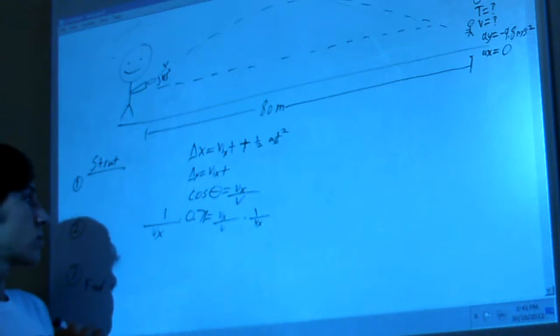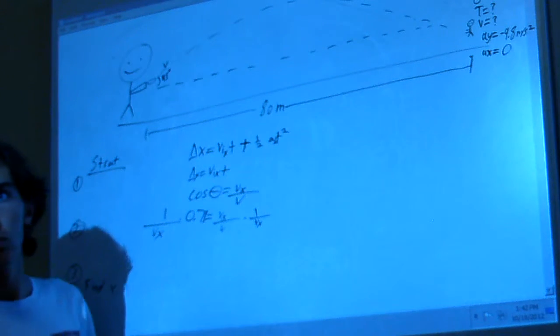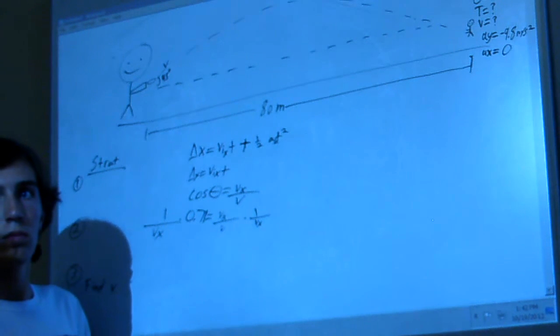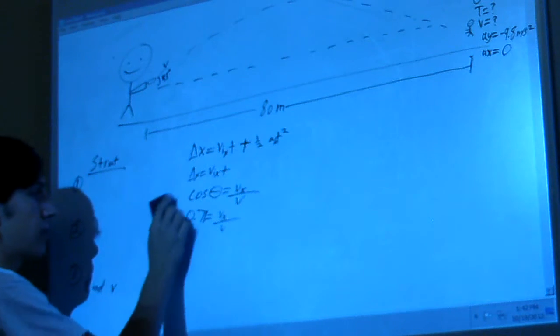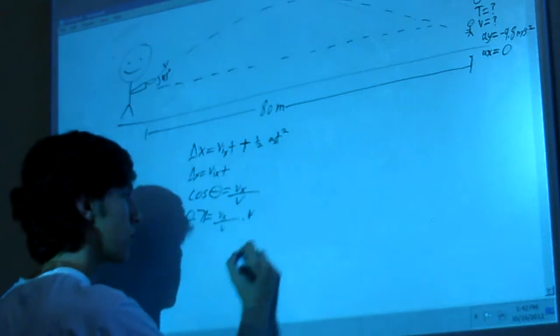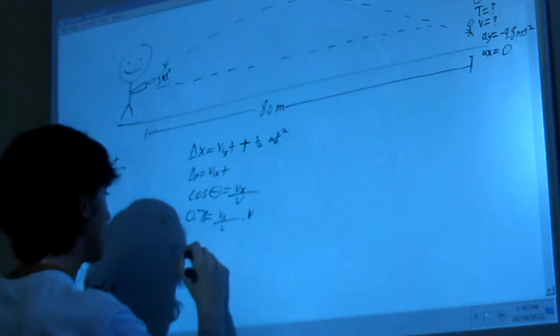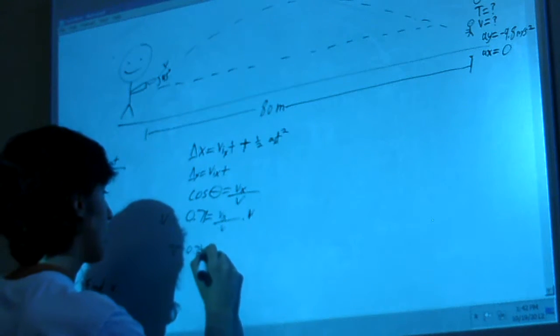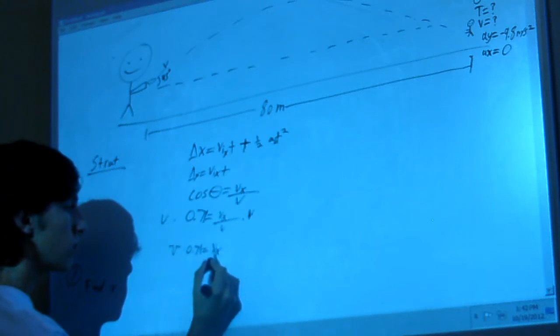Delta x is Vx times t, and we just figured out what Vx is in terms of V. We're solving for Vx, so you multiply both sides by V. Now your equation looks like 0.71 V equals Vx.